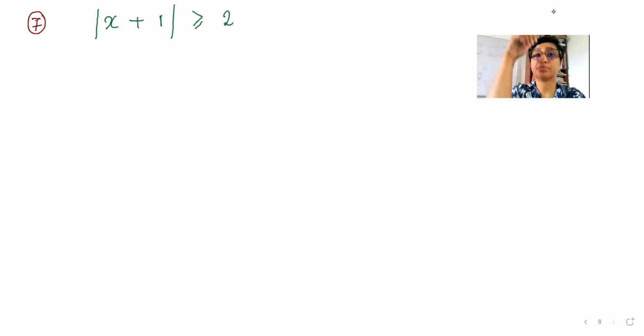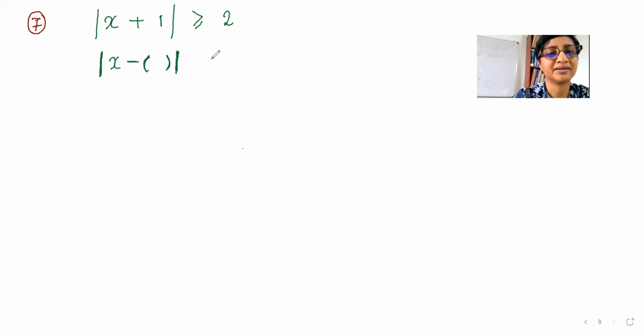So if you have X plus a number, you have to rewrite it. This is the same as saying X minus what number? So you turn it into X minus (-1). Very good, Nathan. So now it's the same thing. The distance from X to -1 can be greater than or equal to 2.